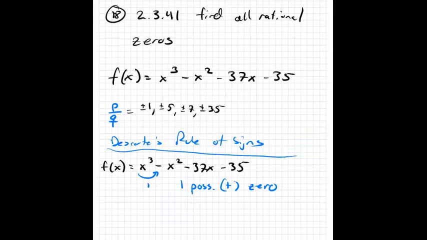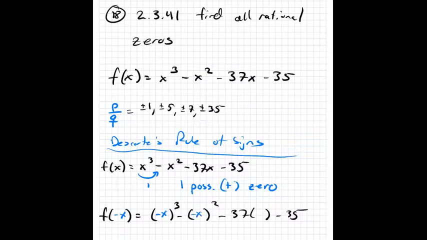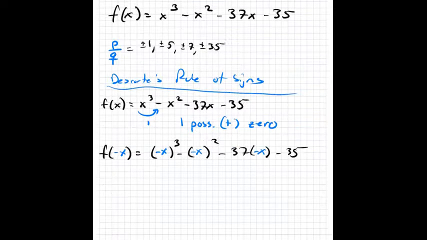For the negative zeros, we evaluate f of negative x. So first I'm going to replace each x with a blank set of parentheses. Then inside the blank parentheses, we're going to put negative x. Okay? Then if we simplify, negative x cubed, nope, not plus.